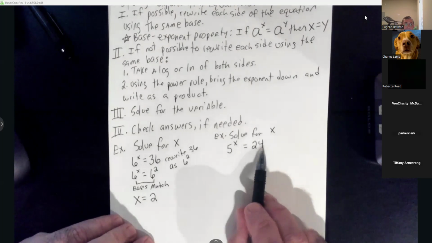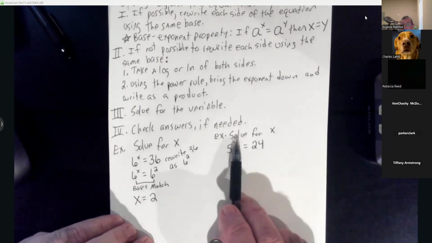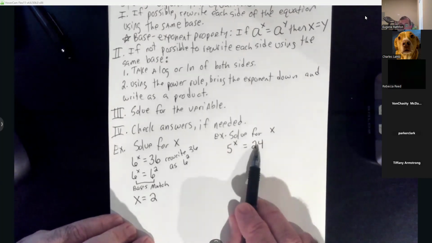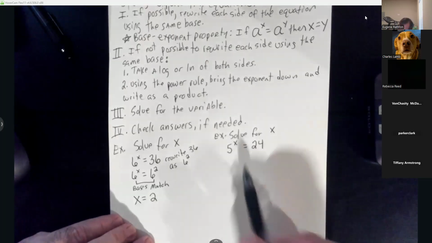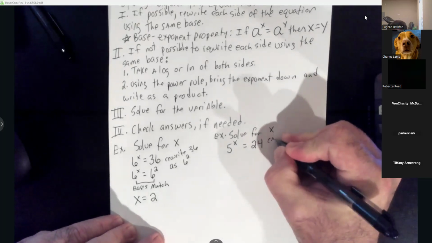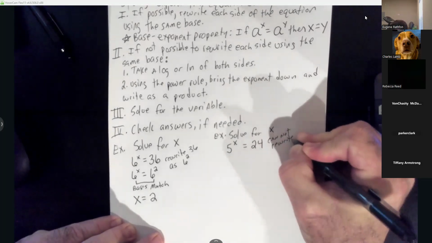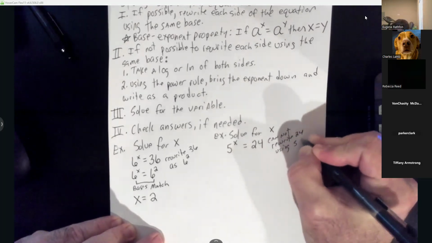You know, that's not happening, right? Because 5 to the first power is 5. 5 squared is 25. So there's no way to equal 24 by using 5 for the base. So this one we cannot rewrite 24 using the 5 as the base.